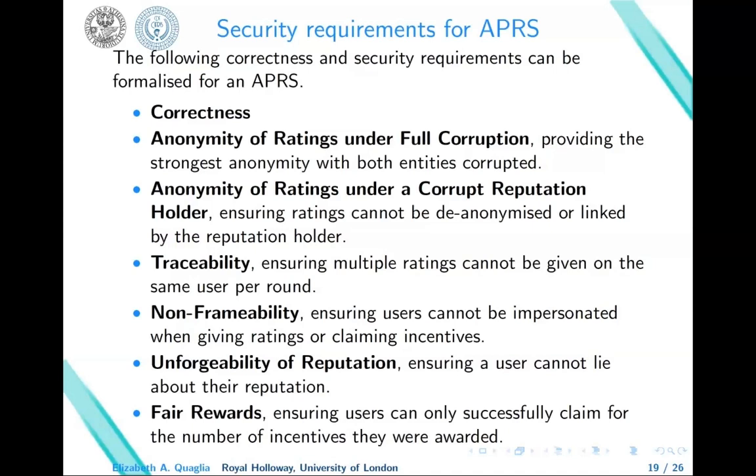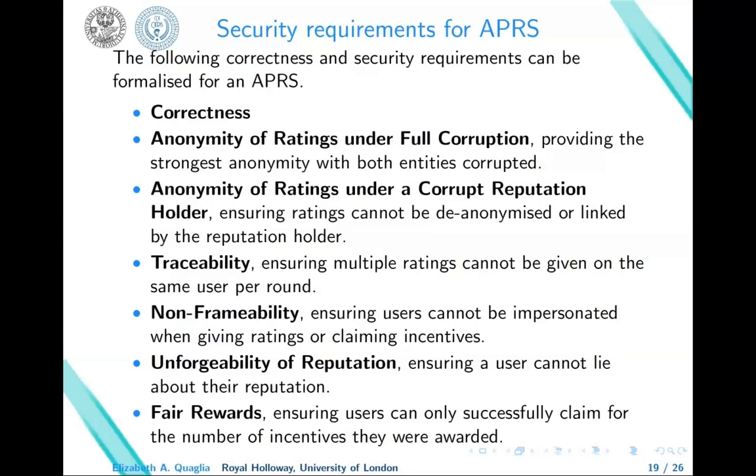Non-frameability, which ensures users cannot be impersonated when given ratings or claiming incentives. Unforgeability of reputation, which ensures a user cannot lie about their reputation. And the new fair rewards security property, which ensures that users can only successfully claim for the number of incentives they were awarded. So this is a bunch of security properties that we need.